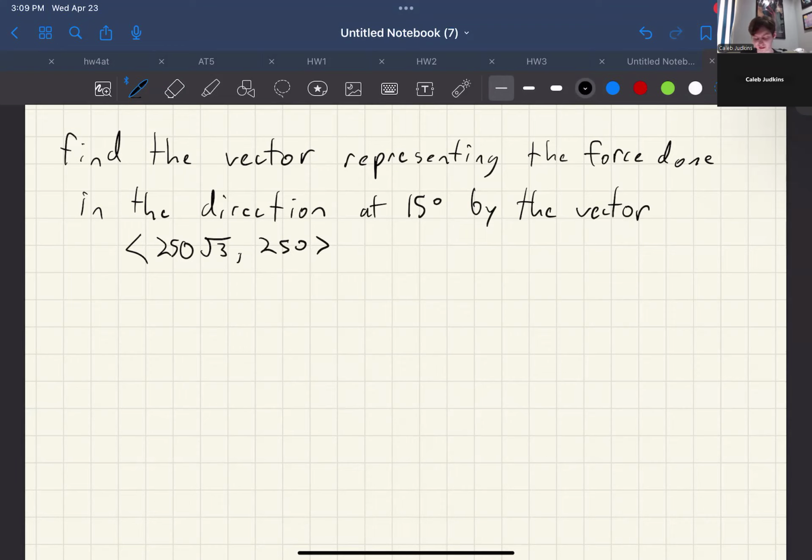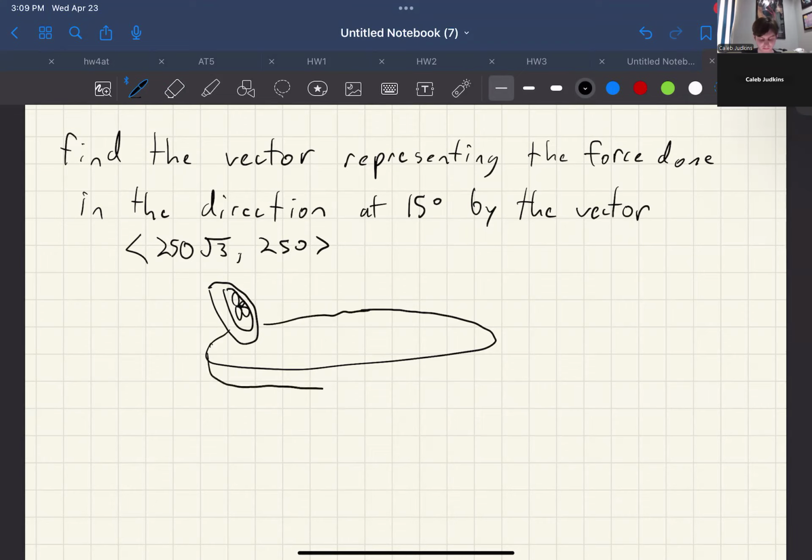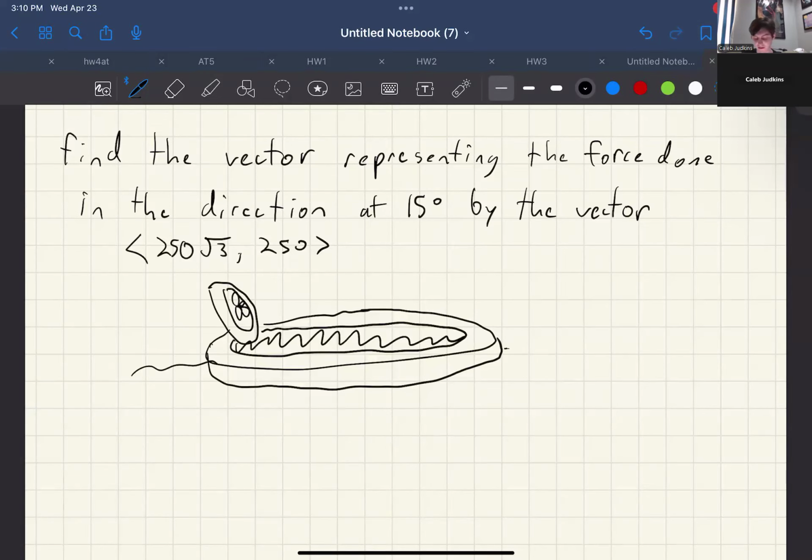So what is this saying? We have our boat and our fan is turned upwards in the water. And there is this force caused by the fan that's pulling us forward.